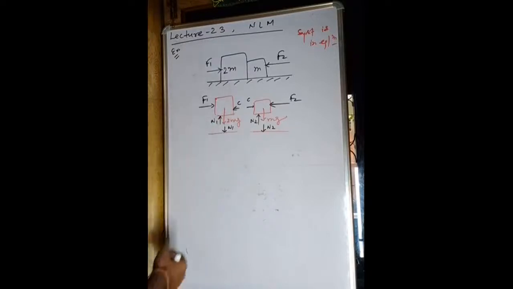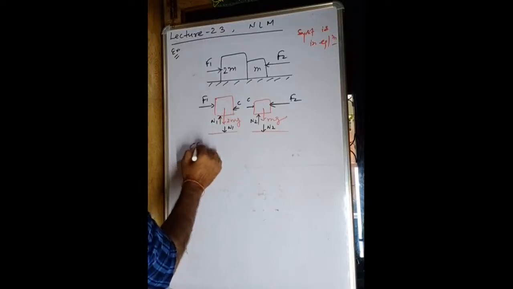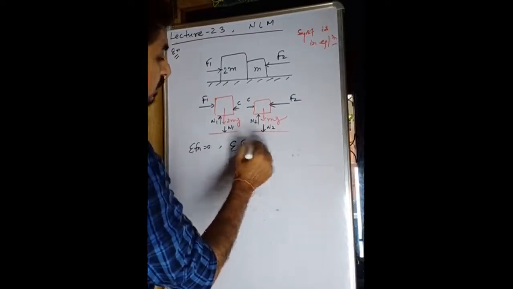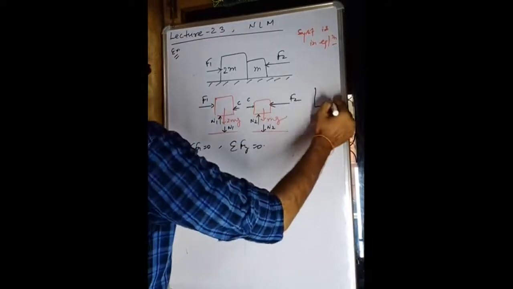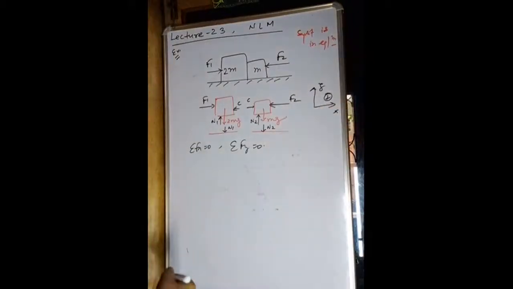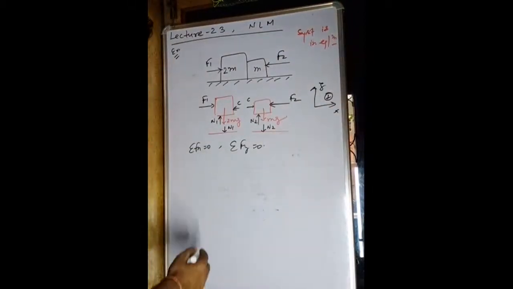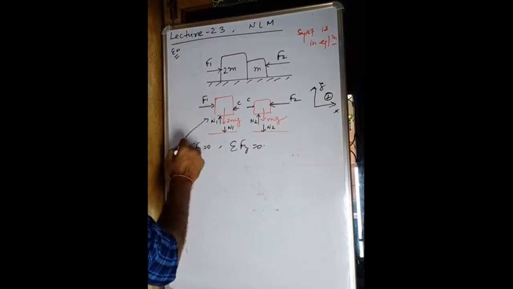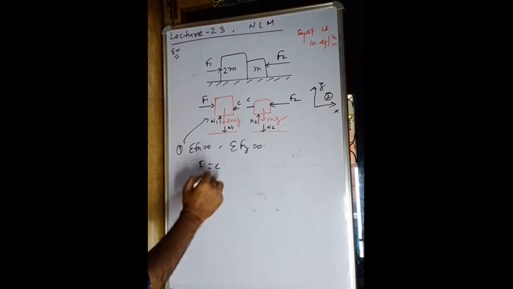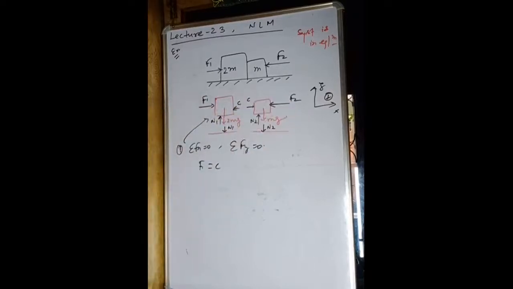Now you can write the equations. Okay, here the sigma Fx will be 0, as well as sigma Fy is 0. Suppose we fix the axes: this is the y axis, this is the x axis. All right, for this body, free body diagram 1, sigma Fx equals 0, you can write F1 equals C. F1 is along the positive direction, and C is along the negative direction.